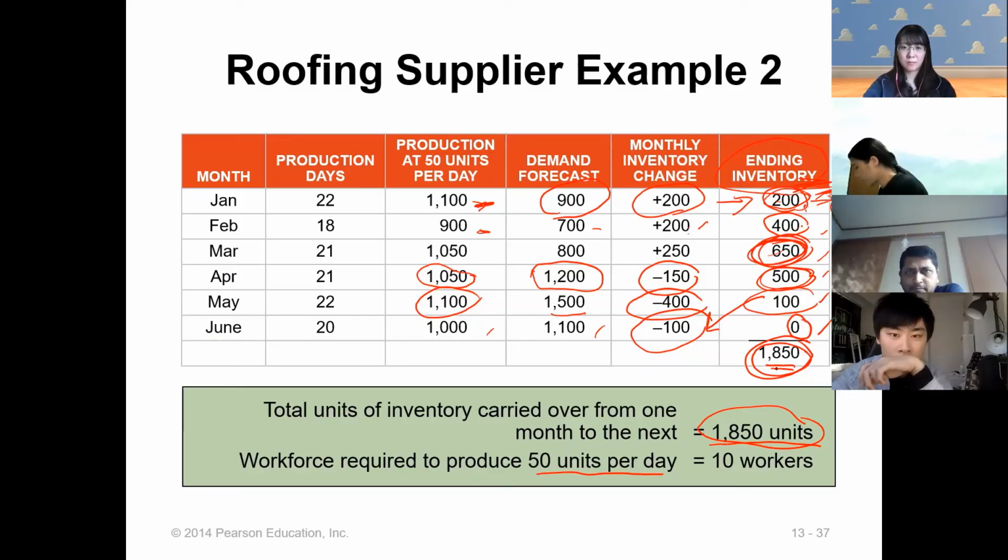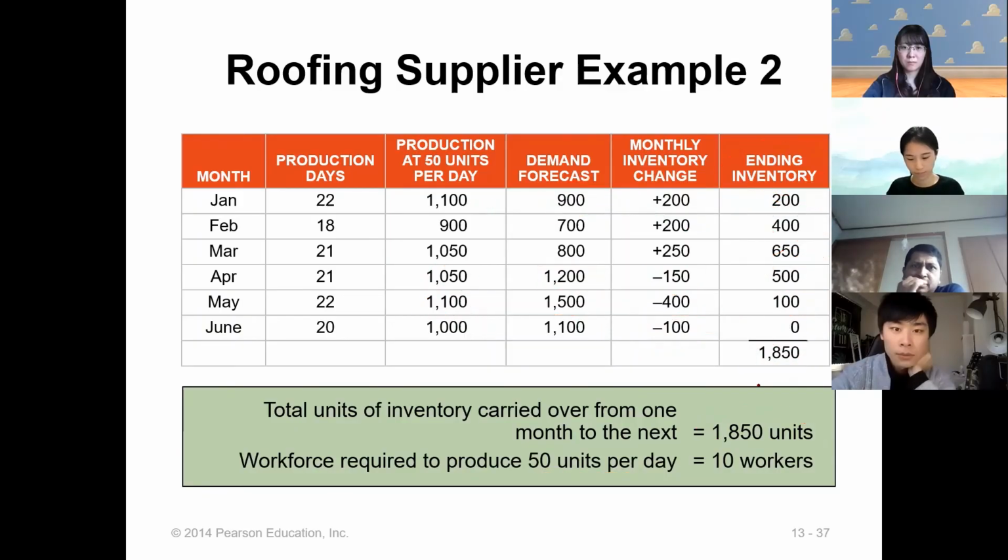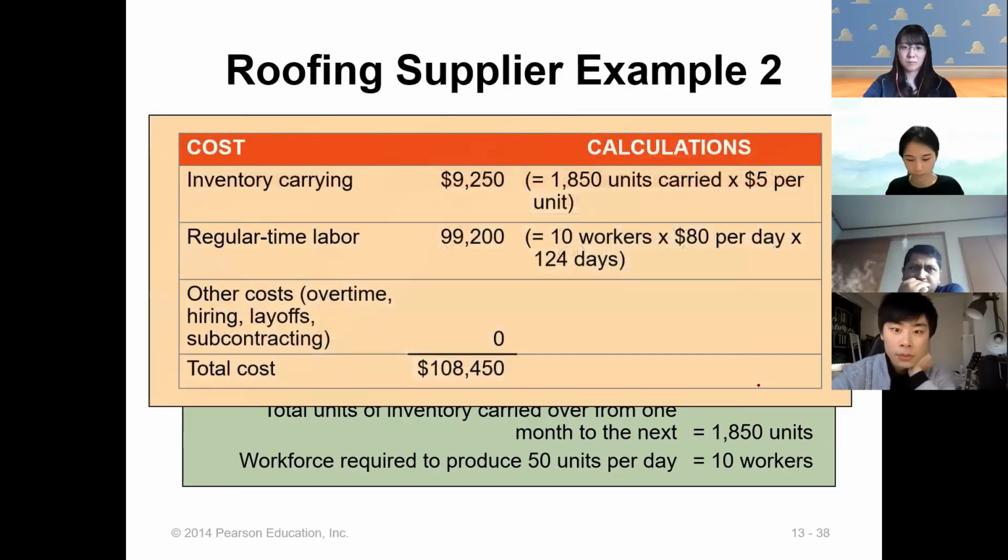So this is the total units that you have to keep in stock to fulfill future demand. So in the costing, you calculate 1,850 units carried times $5 per unit, which is your inventory carrying cost, 9,250.